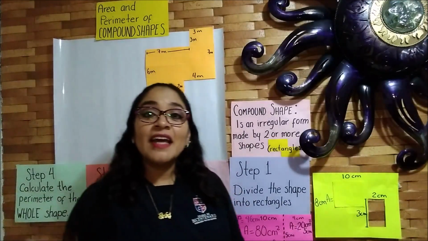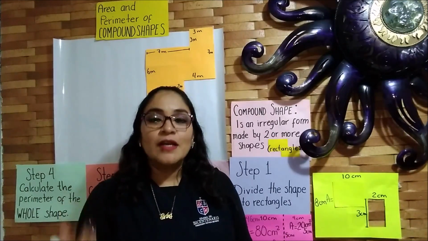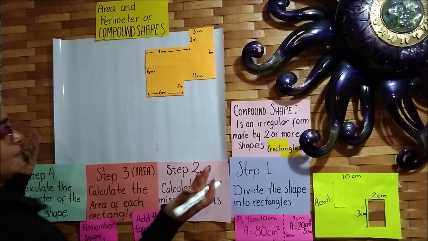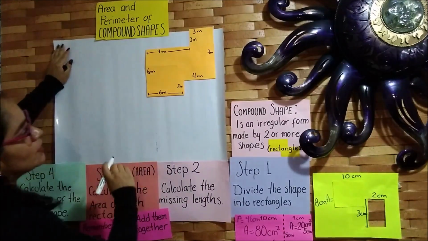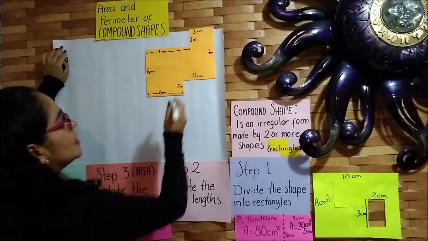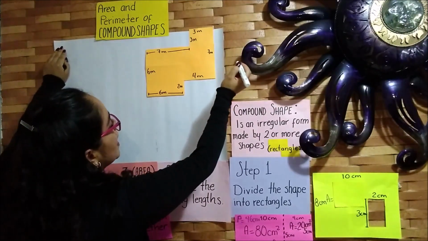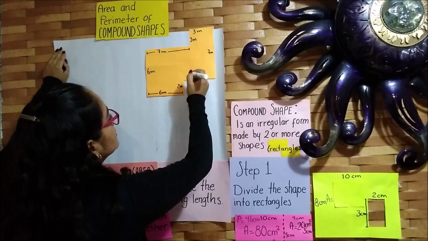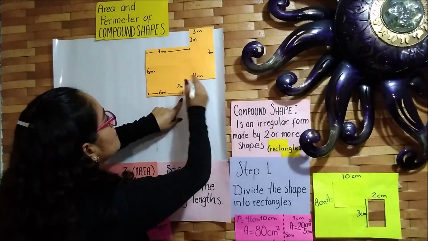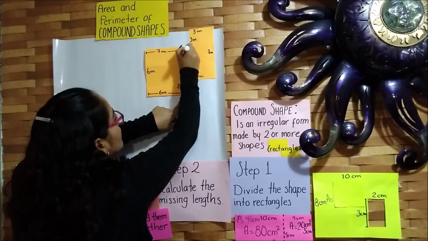But here we can get more than 2 rectangles. Let's see how it's easier for you to get the rectangles. Alright? So I'm thinking that we can do it like this. 6 centimeters and 4. So we're going to divide right there.